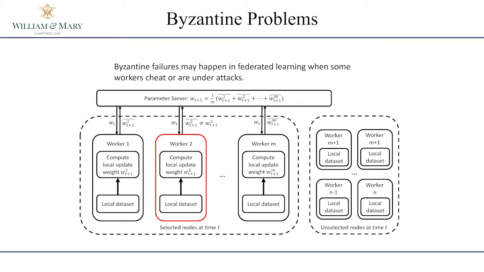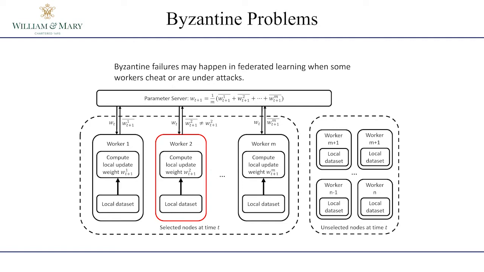Here we use W̄_{t+1}^i to represent the update weight that the parameter server received from worker i in iteration t. If it is equal to W_{t+1}^i, it means worker i is honest in this iteration. Otherwise, worker i is a malicious Byzantine worker.